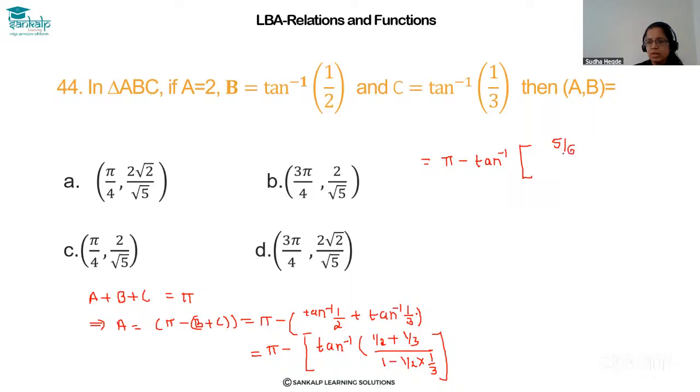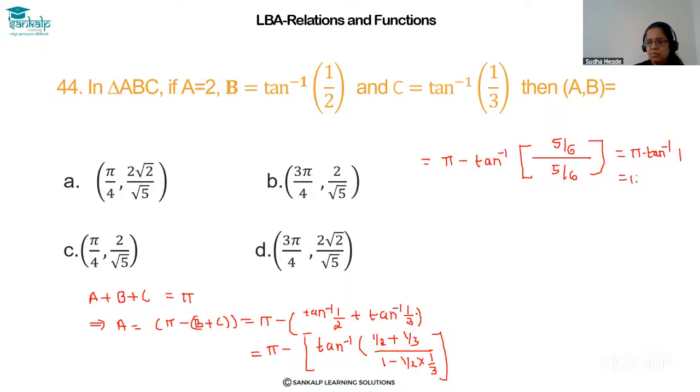That is 5 by 6 divided by denominator 1 minus 1 by 6. So 1 minus 1 by 6, if you take LCM, 6 minus 1 divided by 6, that is 5 by 6. Correct? That is equal to pi minus tan inverse 1. Correct? 5 by 6, 5 by 6 cancels, it is 1.